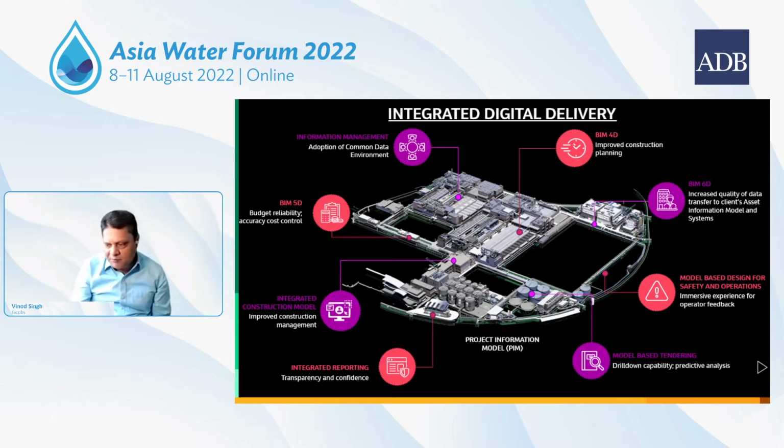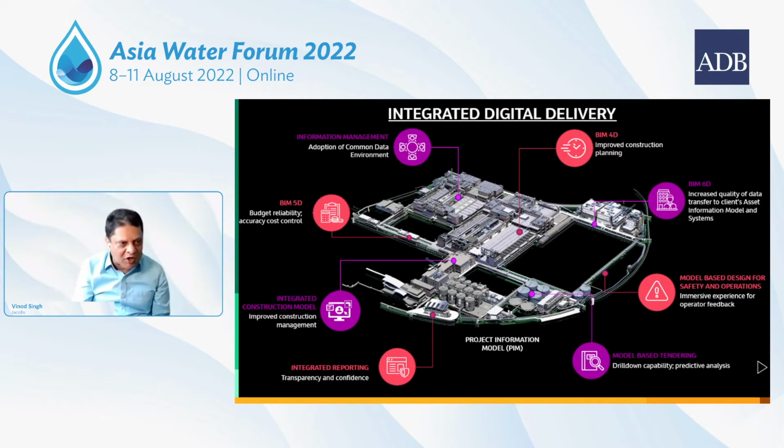Digital delivery, the 5D and 6D I talk about, has actually been used here on the TWRP. The 4D is about improved construction planning, which is the sequence and scheduling linked to the model. So instead of reading 5 to 7 pages of Primavera or Microsoft Project line by line, you can see the whole model-based scheduling.